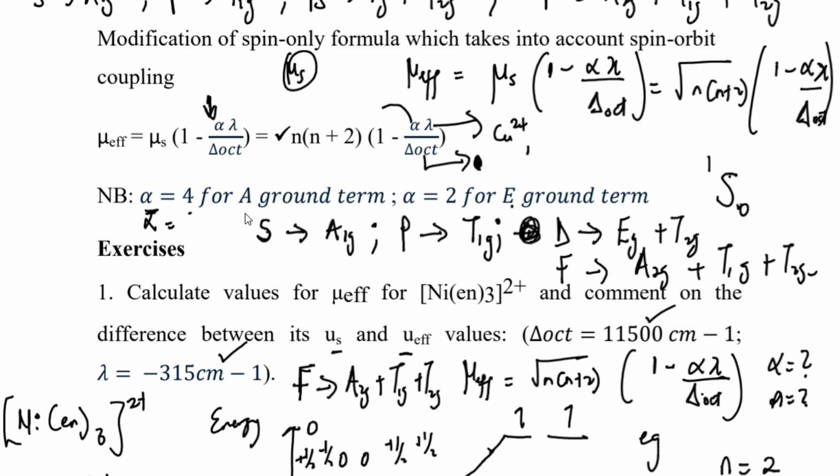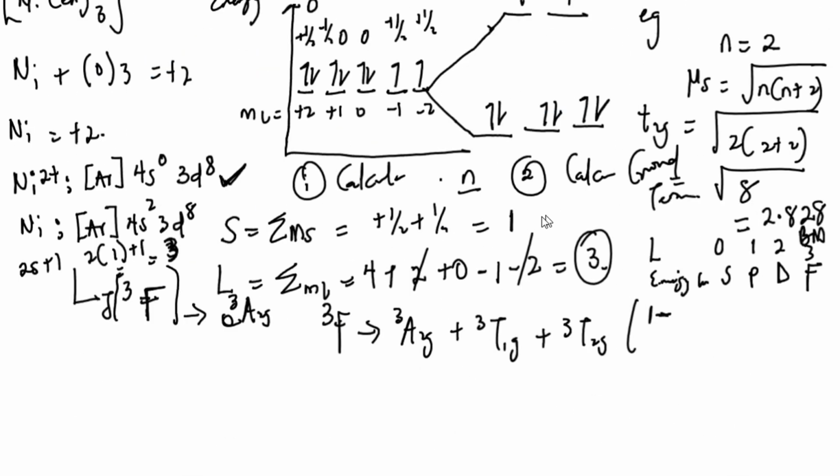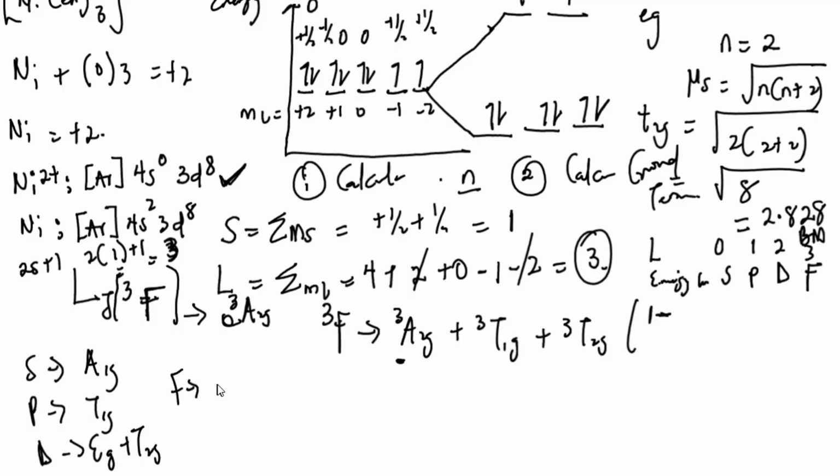So looking at this here, this is the ground term here. In the case of, let's say, we said S will give us A1g, we said P will give us T1g, D will give us Eg plus T2g, and F will give us this here. So in the case of this, the alpha will be 4.